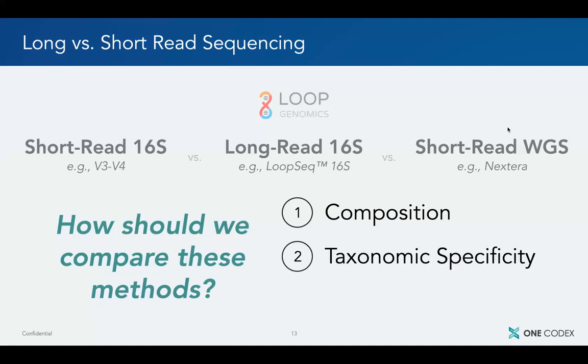So with short read 16S data, it's typical that many of those variable regions for some species are non-specific. So you'll sequence the V3, V4 region, and regardless of whether you're using an OTU clustering approach or a reference-based approach, you'll have a large number of reads that you simply don't know what they are at the species level.